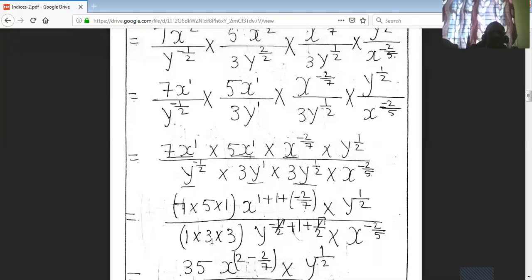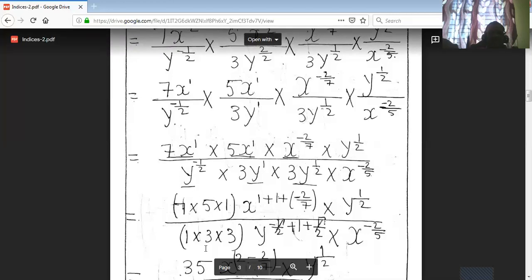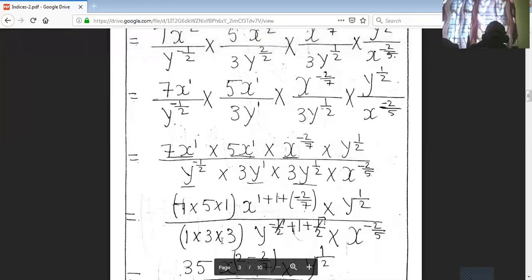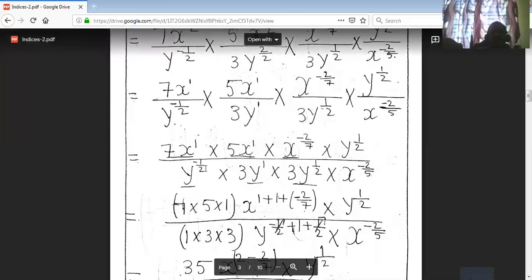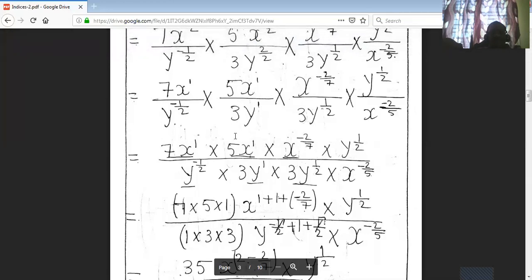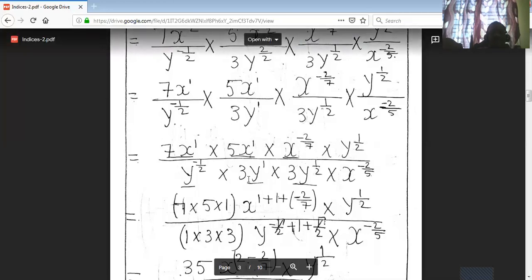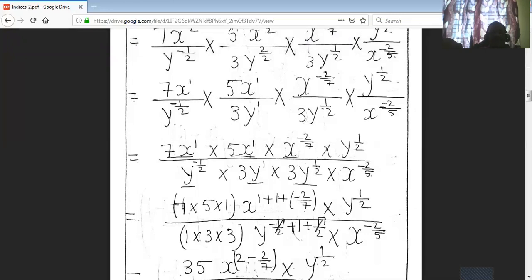Now 1 into 3 into 3, this is 3 3, and all coefficients are multiplied. For y, we have y to the power of half, and again 1 minus half, plus half, 1 minus half, you can cancel it. I am applying the formula a to the power of m into a to the power of n is equal to a to the power of m plus n.